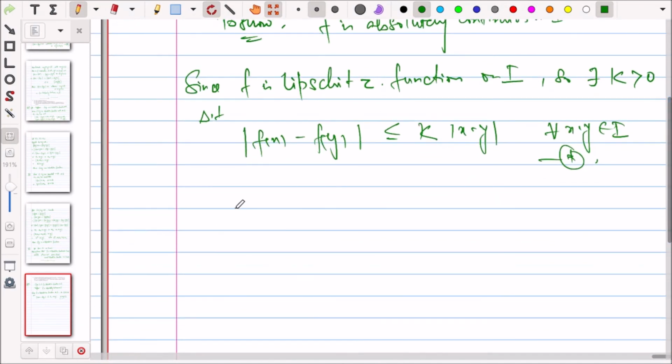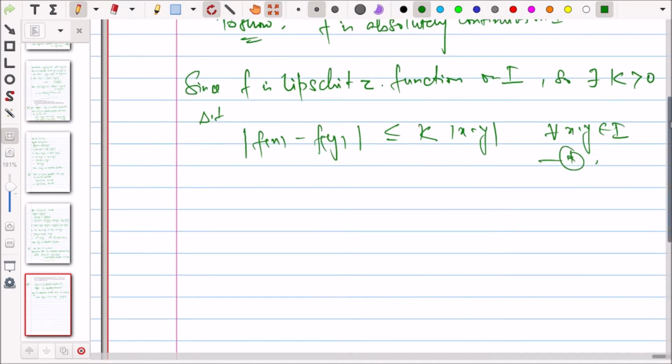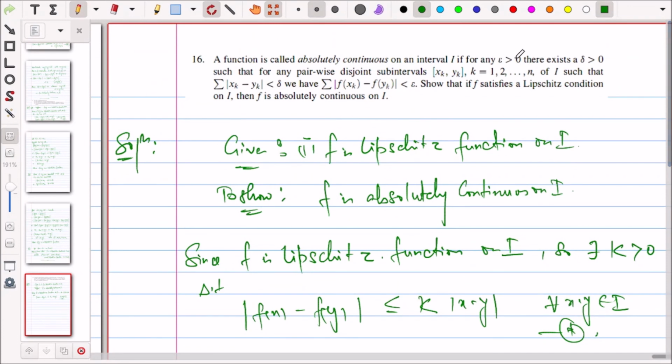Now because we have to show that f is absolutely continuous on I, we have to start with any epsilon and we will have to find some delta greater than 0 such that if we take any pairwise disjoint intervals x_k y_k of I with this condition, then we have to show this.